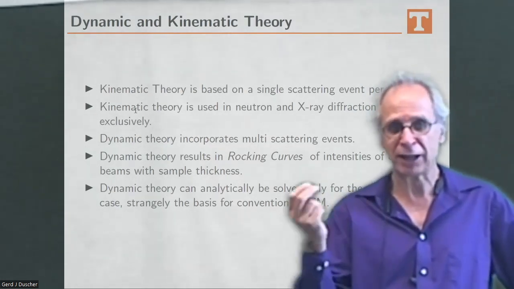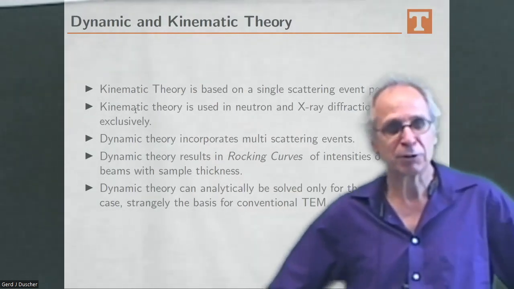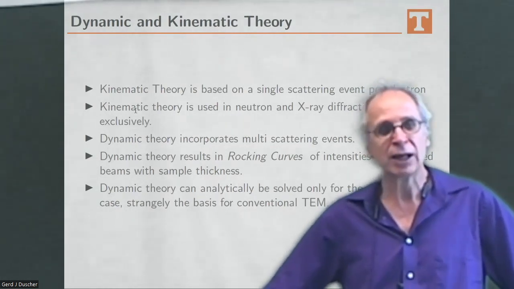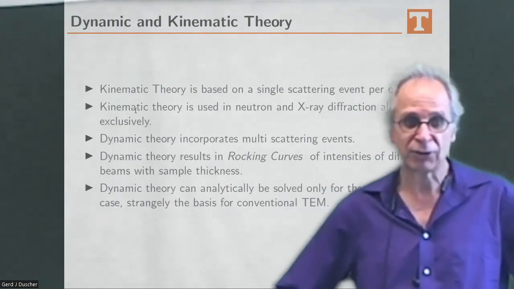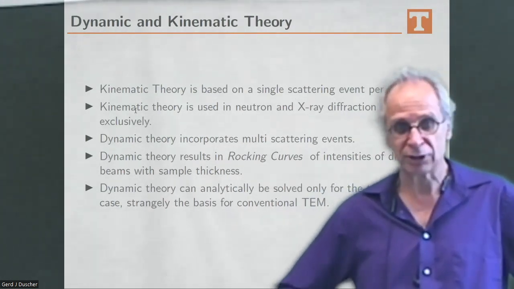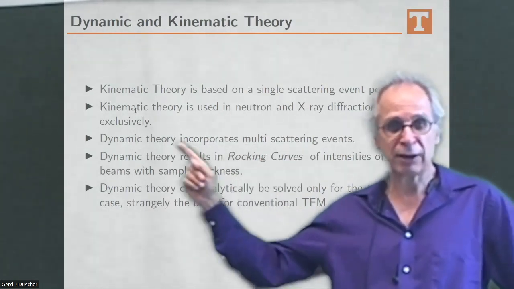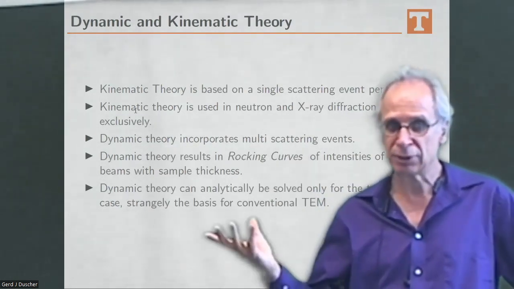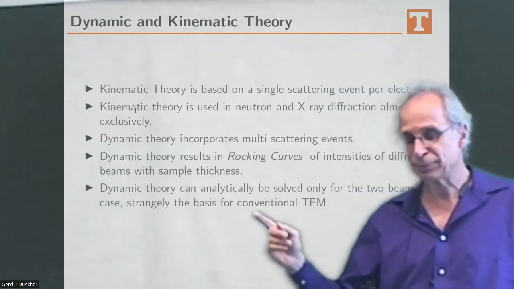If you have a very heavy atom, uranium, plutonium, or any of the other very heavy atoms, a single electron can scatter twice on this single atom. There is a certain chance for that. So even the thinnest sample will have a certain amount of dynamic theory. So you cannot ignore it. Okay, maybe in graphene, but well.